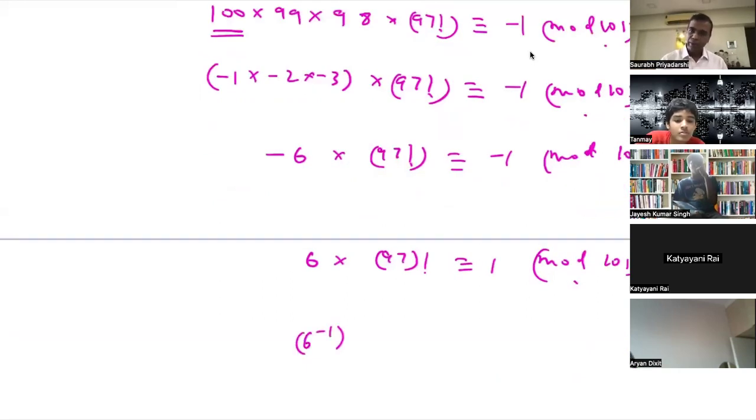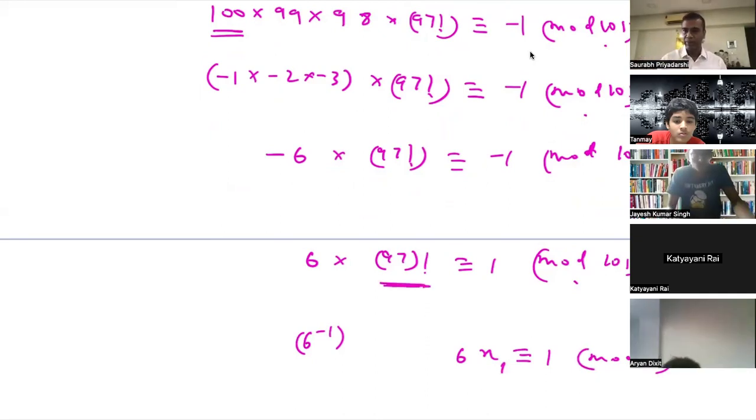Does this make sense? Because it will come up again and again: when you get something like this, you have to find 97 factorial, and one number is there, so you have to multiply with the inverse of 6. But what is the meaning of 6 inverse? It means 6 into x1 is congruent to 1 mod 101. That is the meaning only. You are all doing that already, and from that you get the answer. But mathematically, this is the notation for it.